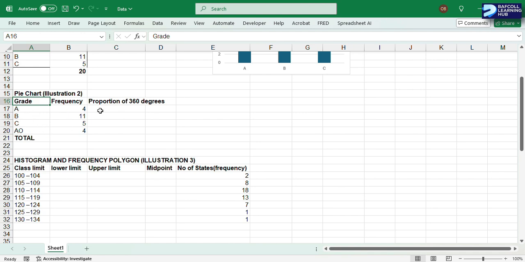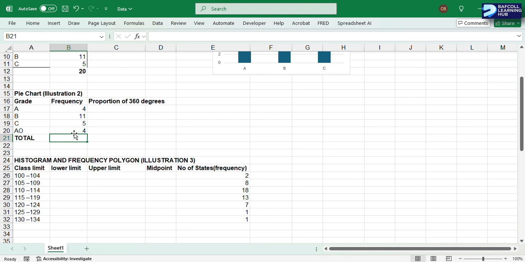With this, we can go ahead and compute the proportion of 360 degrees. In Excel, that's not strictly necessary, because we can still go ahead and compute our pie chart with just the data given over here. However, for the sake of learning, we can also compute the various proportions of the 360 degrees.